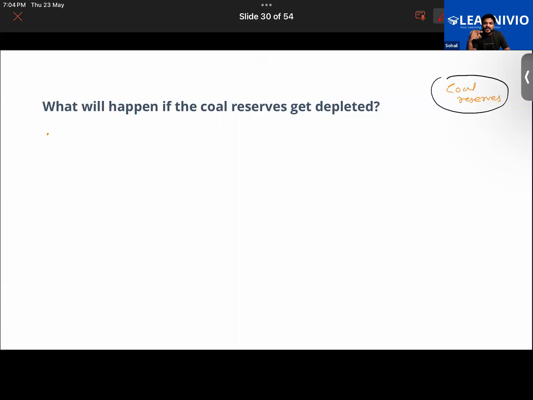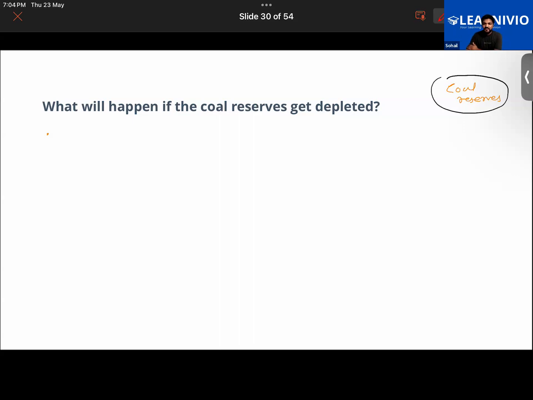We have different kinds of synthetic oils, and in order to obtain them, coal is used there too. So if the reserves of coal were to get depleted today, it would become very difficult for us to produce energy for our various needs. Hence, it is important that we use coal in a very efficient manner.